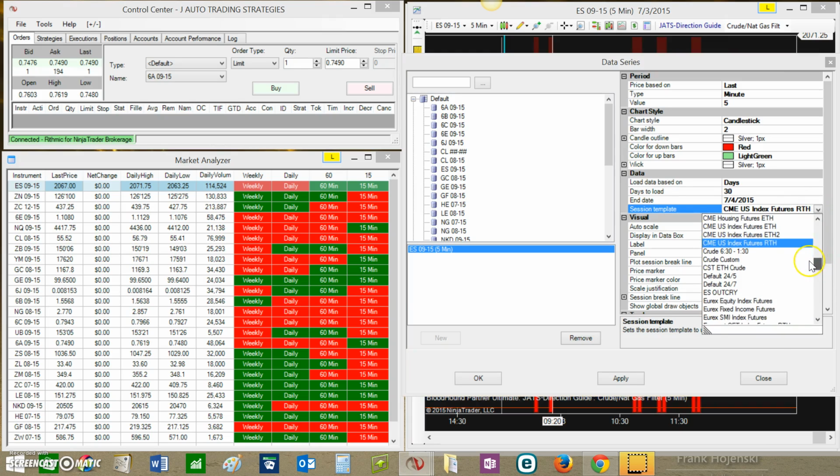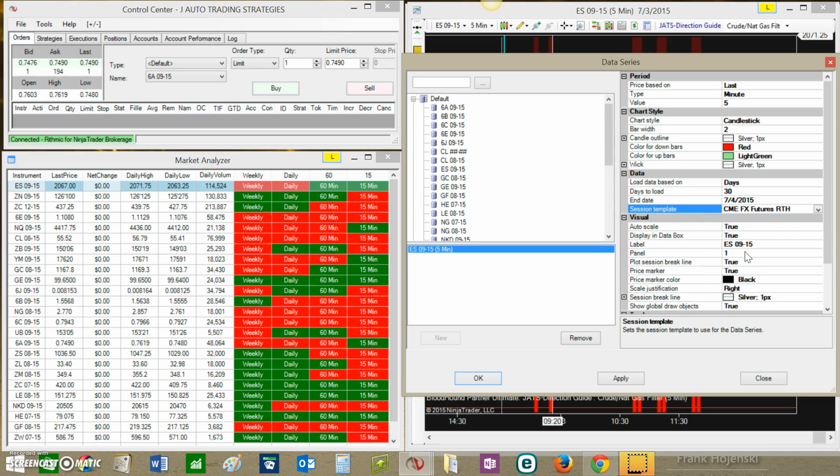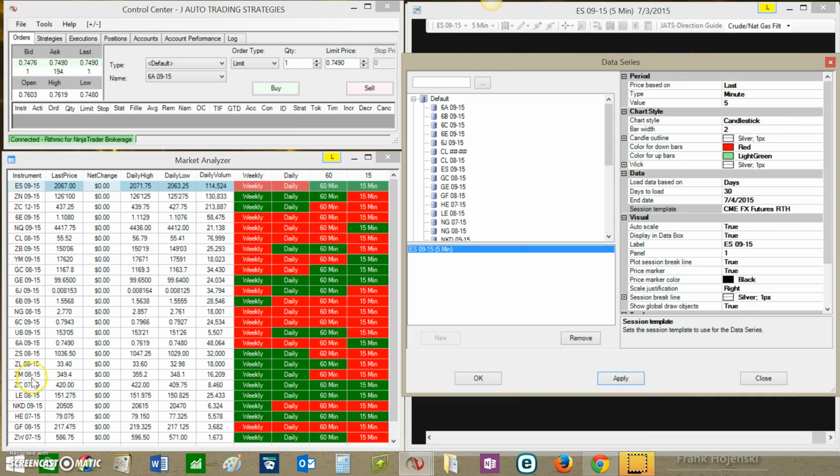So I would need to set up all of my data series for these RTH series, and then select that, and then change over to my instrument.